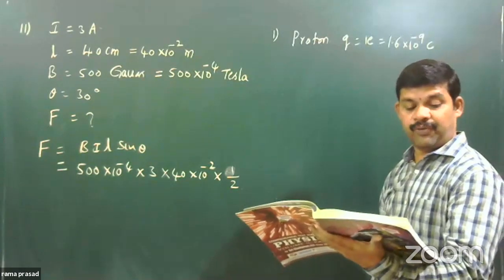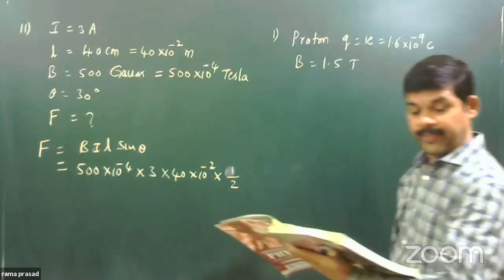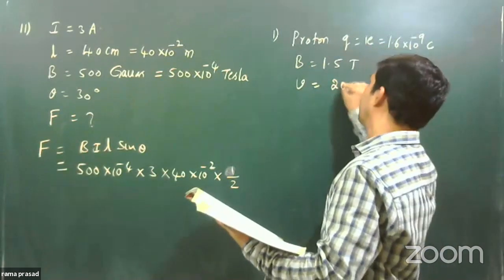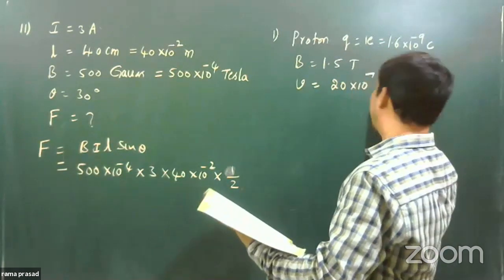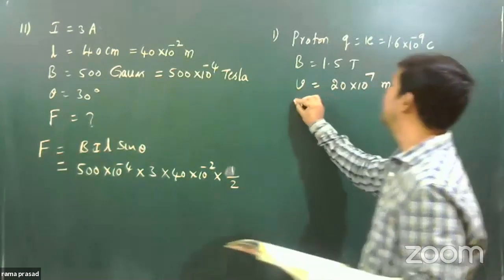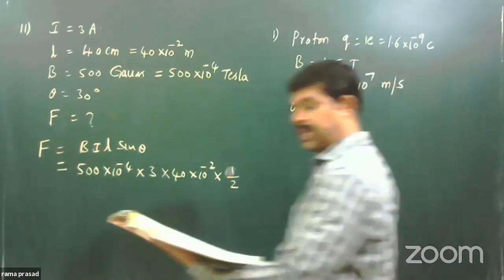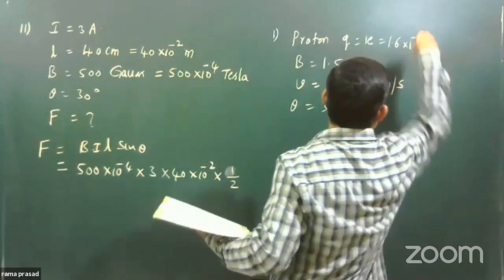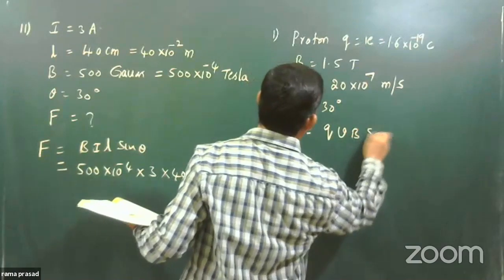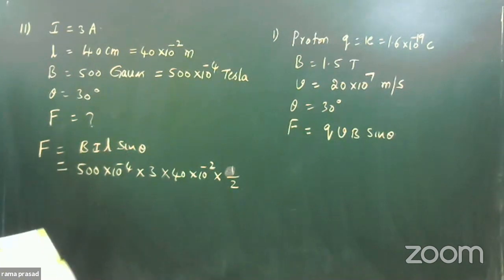It enters with a velocity of 20 into 10 to the power of 7 meter per second at an angle theta of 30. What is the force on the proton? What is the formula? QVB sin theta. Solve it. You have the data.